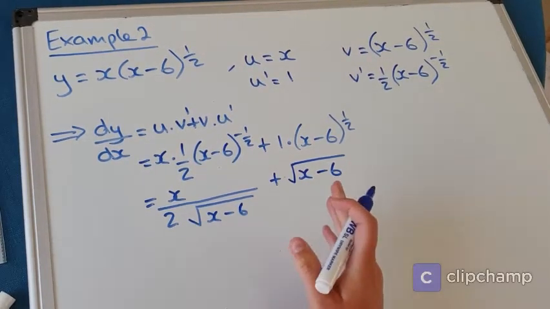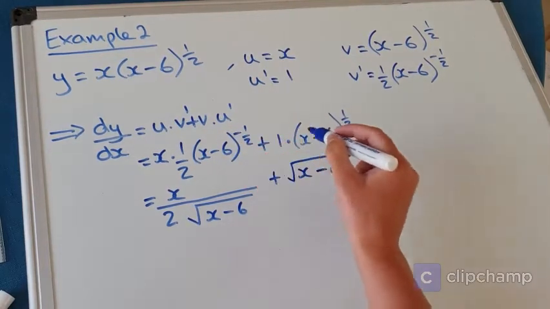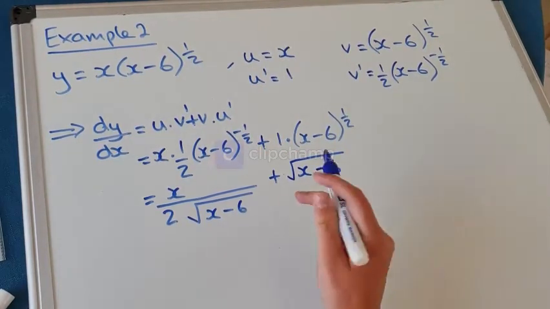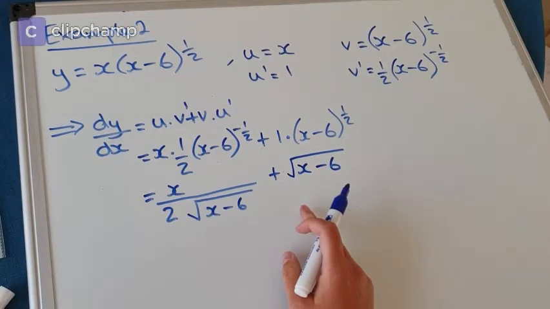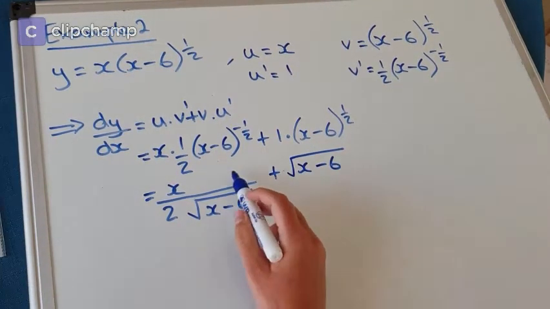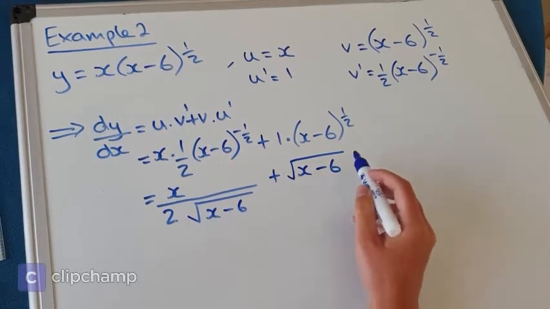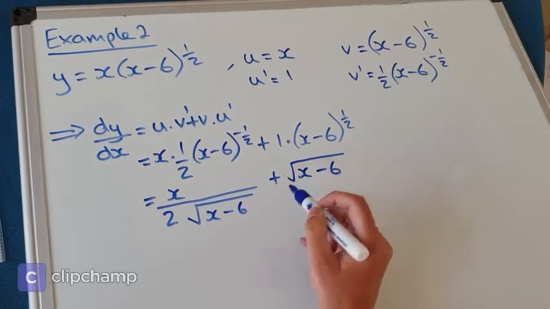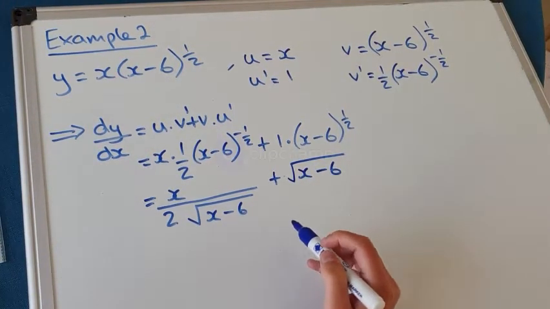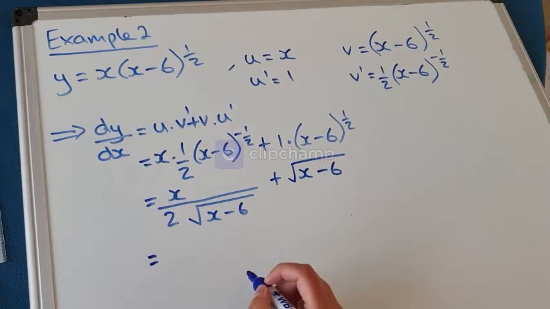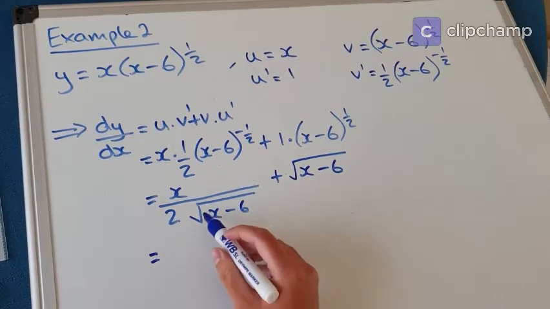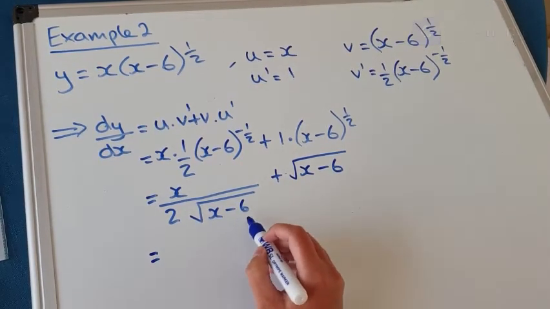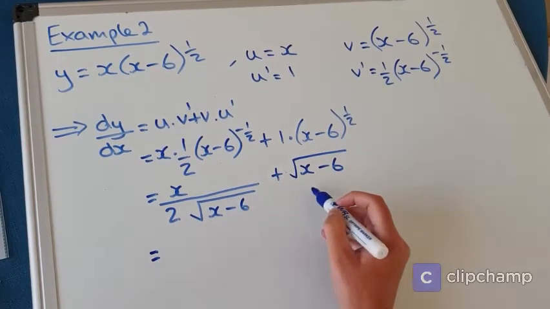Now, we have differentiated it on this top line. We've tidied it up a wee bit. I think we could do a bit more manipulation, and obviously this one is a fraction and this is just a term on its own. If we take them over the same denominator to get a single fraction. On the bottom here we've got 2 root x minus 6. So we also need that on the bottom here.